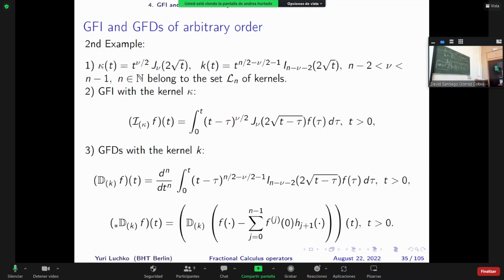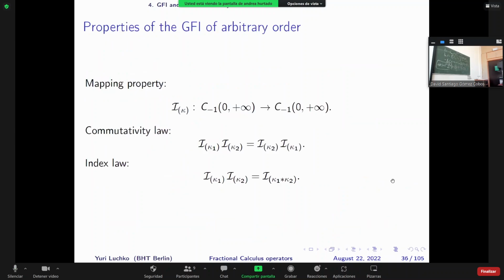There are also many other new and known cases of the kernels. What can be shown for these general fractional integrals and derivatives of arbitrary order?